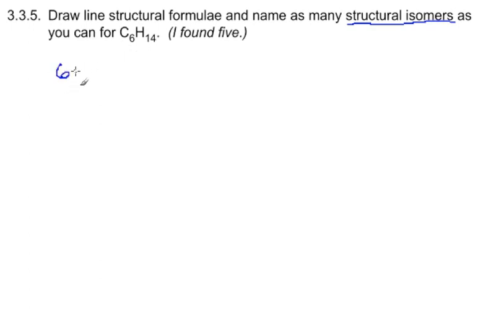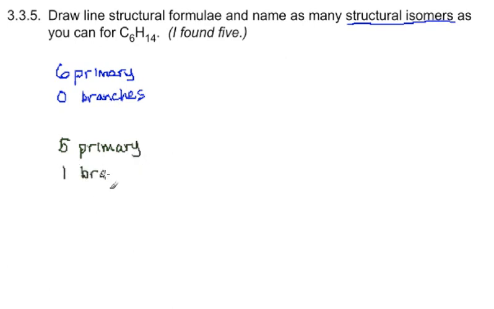You could have 6 carbon atoms in your primary, which leaves you 0 to go in branches. That's the simplest thing you could do, is just have a 6 carbon stick. Or you could go with 5 carbons in your primary, and then that would leave you 1 carbon that you could put in a branch someplace.